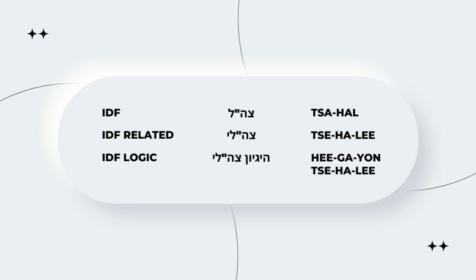If we want to say army logic, we would say Higayon Tzehali. And we see that the gershayim stays put in its original location, like we saw before, with an added suffix of yod, indicating that we're talking about army-like or army-based. In this case, army logic.